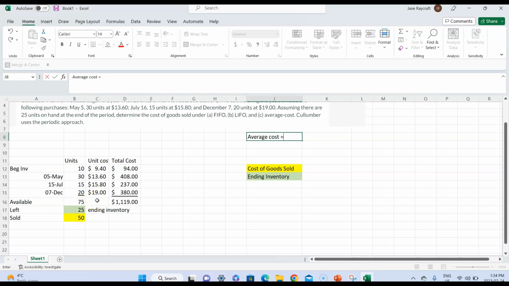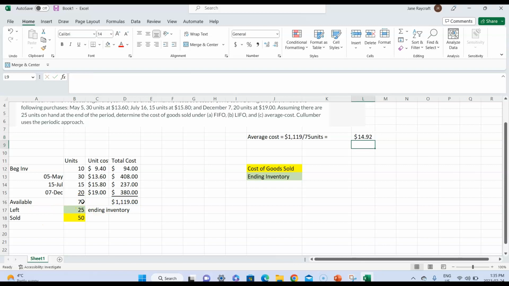If I take the total amount I spent, the $1,119, and divide it by the 75 units I got for that amount, that's going to give me my average cost. So let's just do that. I'm going to chop it up into 75 little pieces, because that's what dividing does.